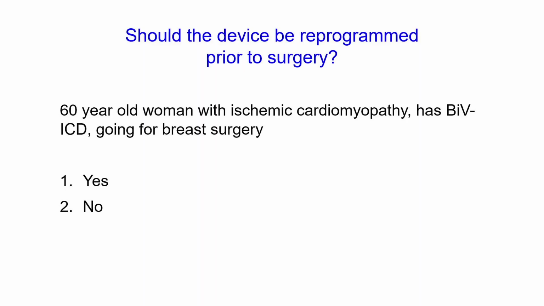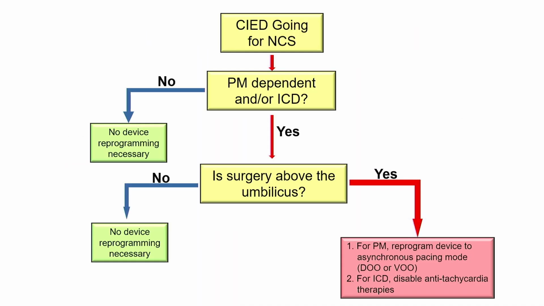She has a biventricular defibrillator, and she needs breast surgery. Should she have her device reprogrammed? The answer is yes. So if we go down the algorithm, she has an ICD, and she's having breast surgery, so is surgery above the umbilicus? Yes. So she should have her ICD adjusted so that she does not get inappropriate shocks during surgery.